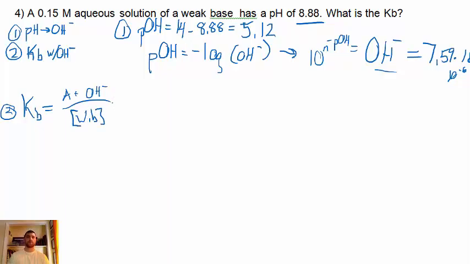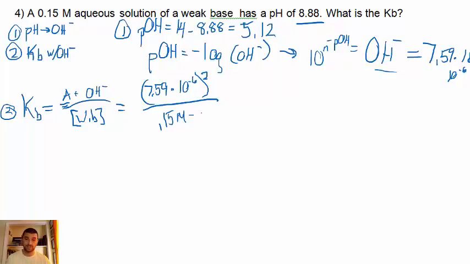Now we have a number for OH minus, which should equal the same value of the conjugate acid. So it's 7.59 times 10 to the minus 6 times itself again, so I'm just going to write squared, all over the weak base that we started with, 0.15 molar, minus the amount that changed, which is 7.59 times 10 to the minus 6.